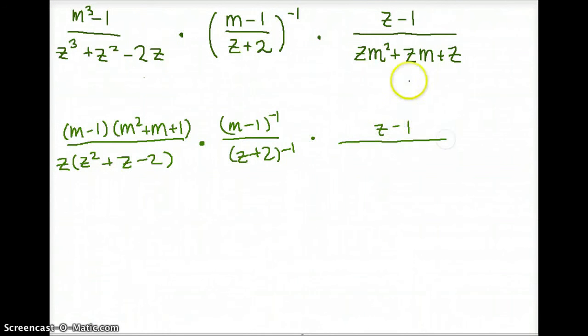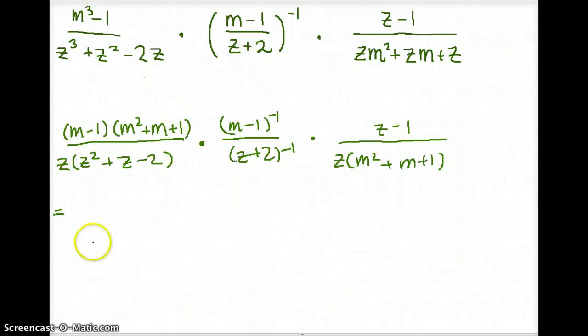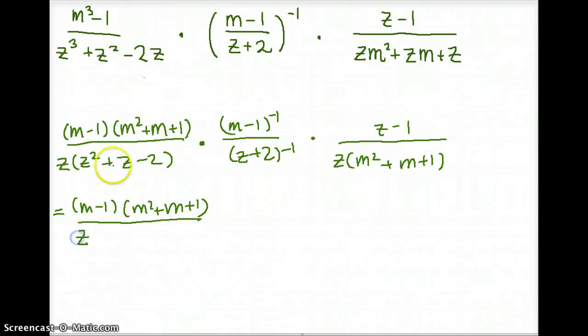And on the bottom we can factor out the z. So we can see m squared plus m plus 1. And then we're going to further factor or simplify this. So the top or the numerator is going to be the same. But the denominator, we can factor this z squared plus z minus 2.